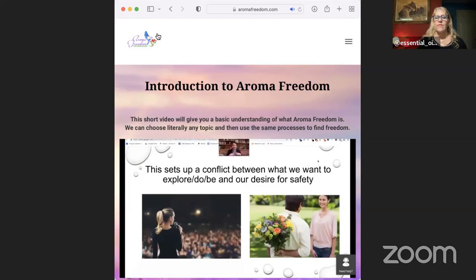Or let's say someone wants to ask someone out on a date and has this desire to explore this relationship and to move in this new direction, and a desire to not get shot down. So this really sets up this basic fundamental conflict in human nature. And when I go into the Aroma Freedom technique and how it works and why it works, this is really, in a sense, the problem that Aroma Freedom is designed to answer.